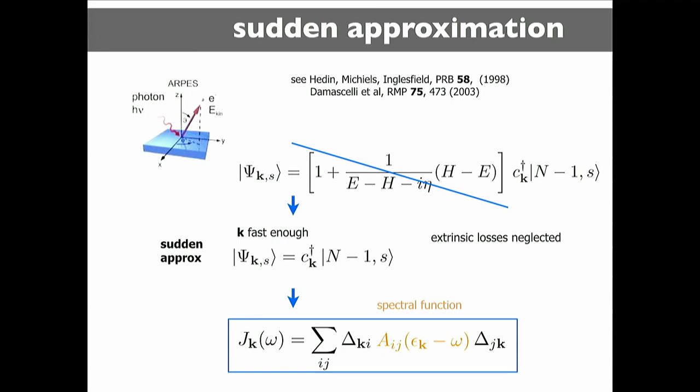We can drop this term, the scattering, the actual creation and description of the final state from the theory, and just describe our final state as this: an excited state of n-1 particles plus an extra electron in vacuum. So this is the approximated final state. And if you do the math now, if you compute the photoemission current, you obtain this expression here.